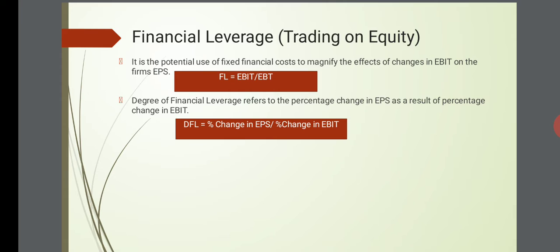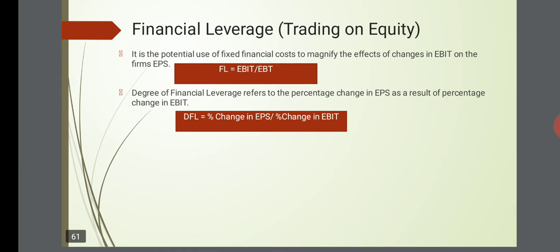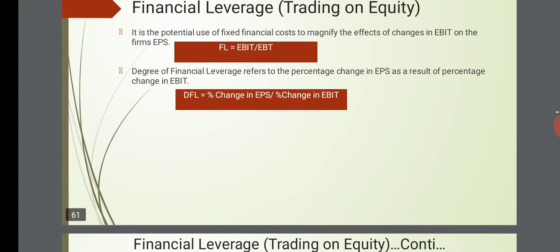So the ratio of profit before interest and profit after interest is financial leverage. The degree of financial leverage refers to the percentage change in EPS as a result of percentage change in EBIT. So it is the percentage change in EPS caused by a 1% change in EBIT.